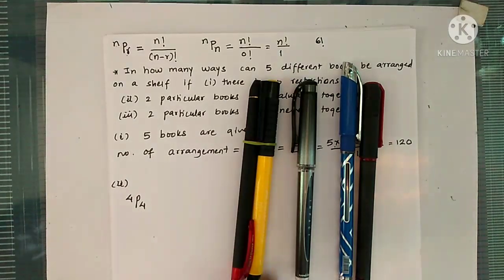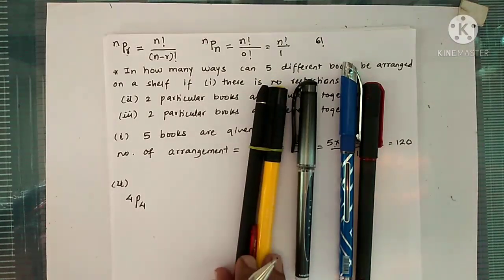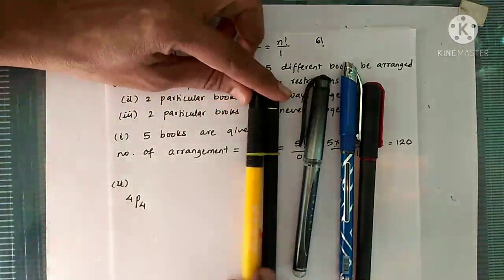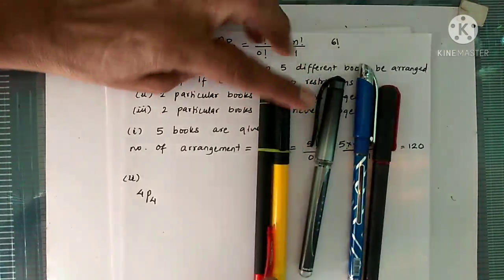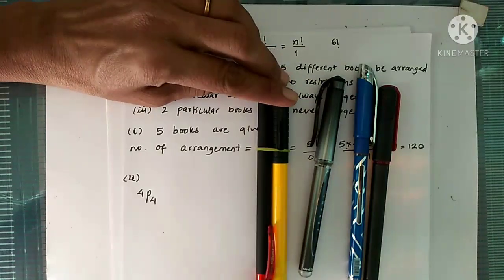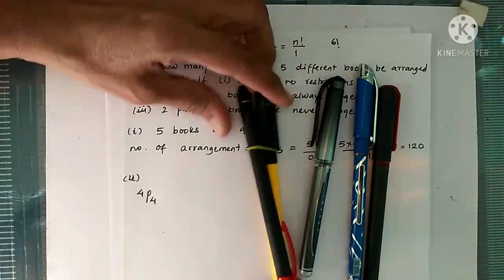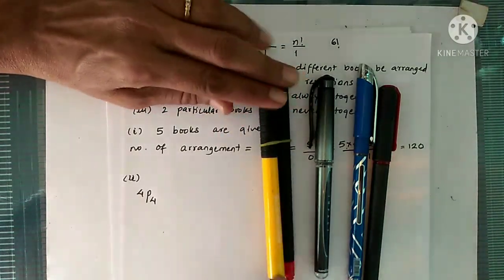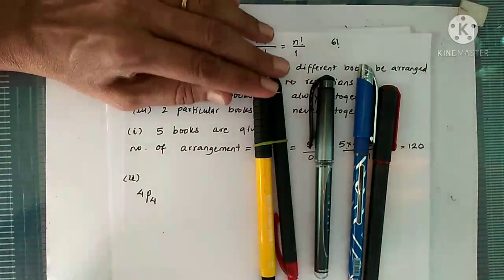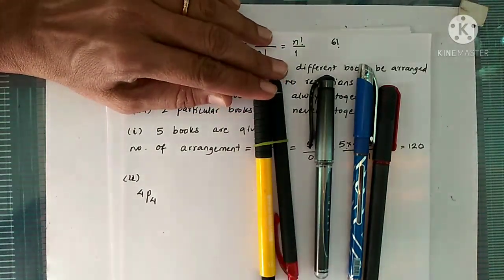Now these 2 books, either I can tie like this or I can tie like this. See, it is a different arrangement. Here this red pen is first and then this yellow pen, and if I place like this, then the yellow pen is first and then the red pen is second. So this is a different arrangement.